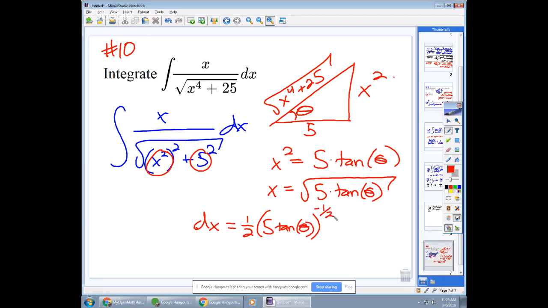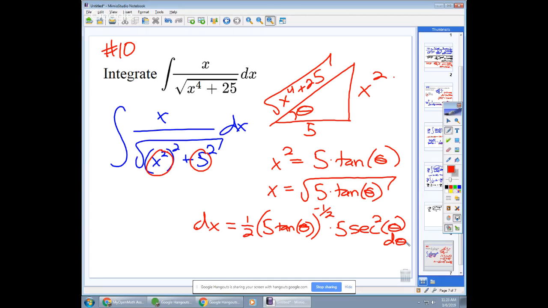Because we have to drop the power by 1. And then we have to multiply by the derivative of 5 tangent, which would be what? 5 secant squared d theta. So I think we have everything we need to make the substitution.